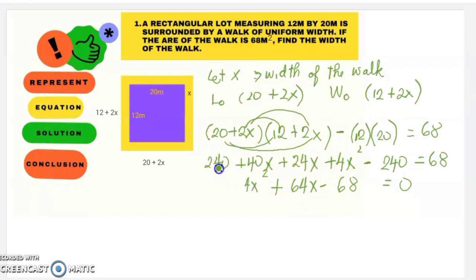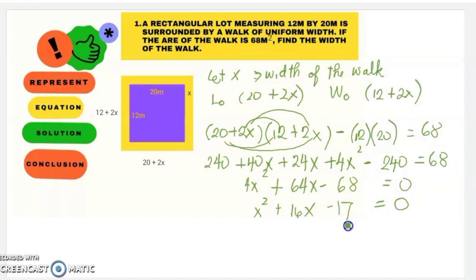Okay? Kasi si 240 tsaka si negative 240, makakancel na. Tama? And 4, 64, and 68 are divisible by 4. So, we can divide it by 4 para mas ma-simplify natin. So, we have x squared plus 64 divided by 4 is 16x. 68 divided by 4 is 17. So, yan na yung equation natin.